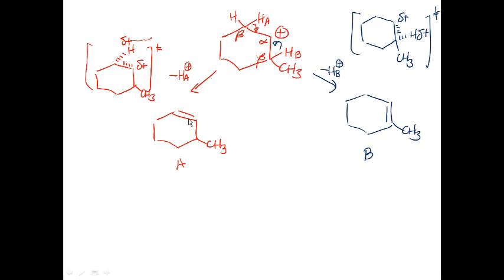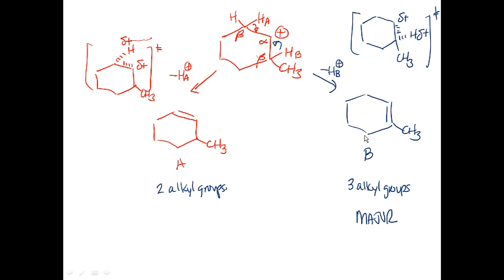Now, there's two alkyl groups attached to the carbon-carbon double bond in product A. And if you're saying, I don't see where that comes from, hold on for a second, I'll tell you. And over here there's three alkyl groups attached to the carbon-carbon double bond, which means that product B is the major product of the reaction because it's the more substituted double bond.